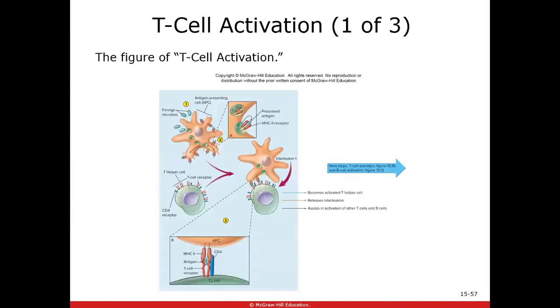You won't have to go through the interleukins. So this is another schematic that's the same thing. These are foreign microbes or antigens taken in by a dendritic cell, and the dendritic cell chops it up, takes a piece of it, and puts it onto the surface.